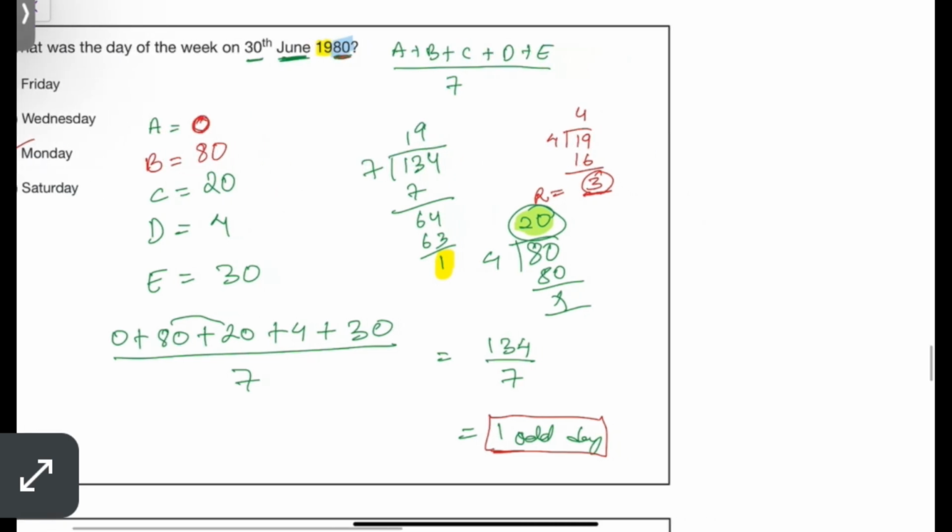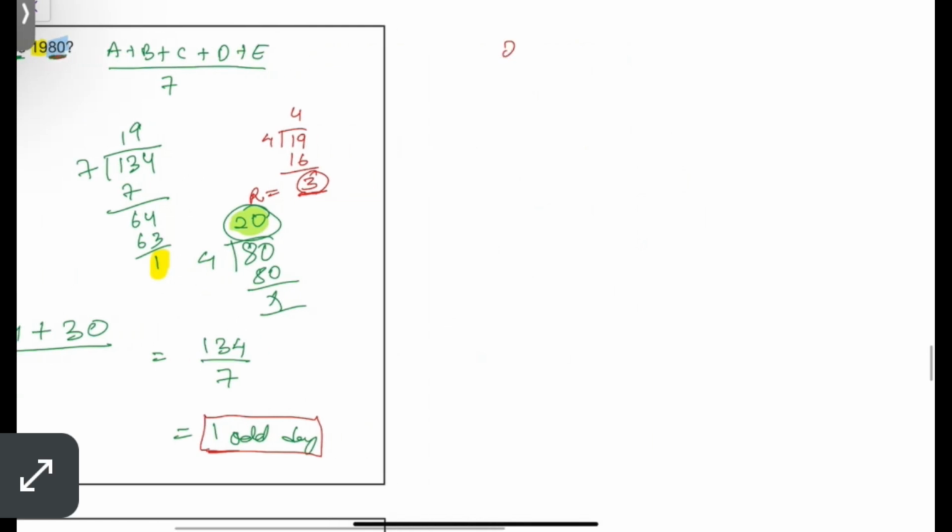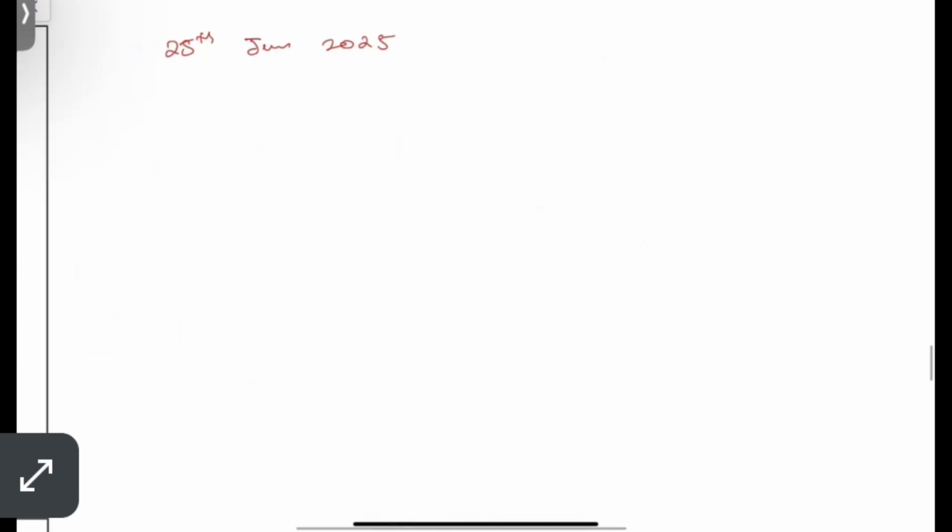Shall we try for today's date? Today's date is 25th June 2025. Let's check for this one.